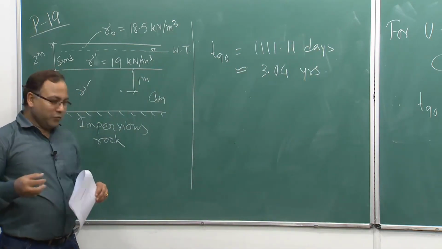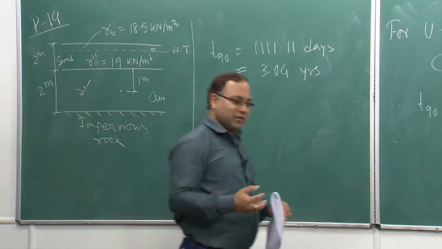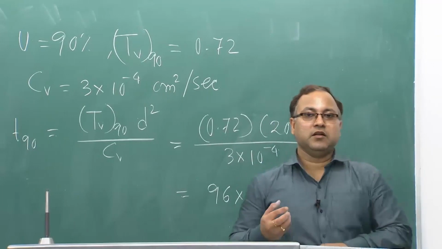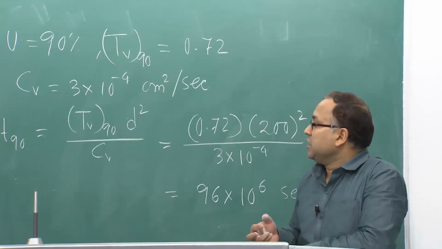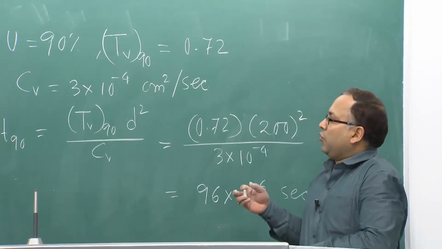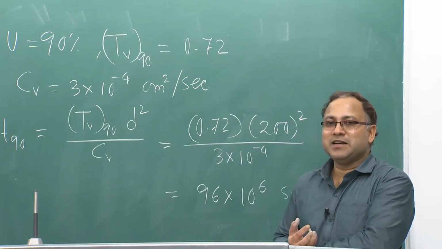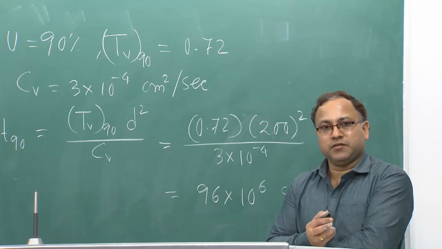So, you see that for getting 90% degree of consolidation, the 90% primary consolidation, you need to wait almost 3 years, and only then will you get 90% consolidation.